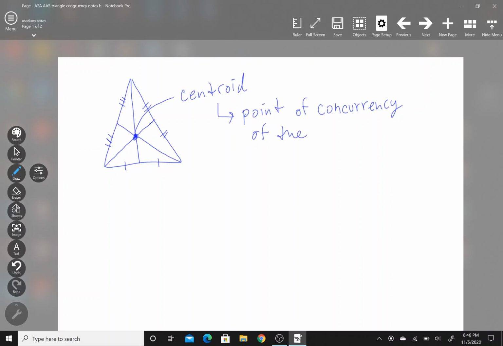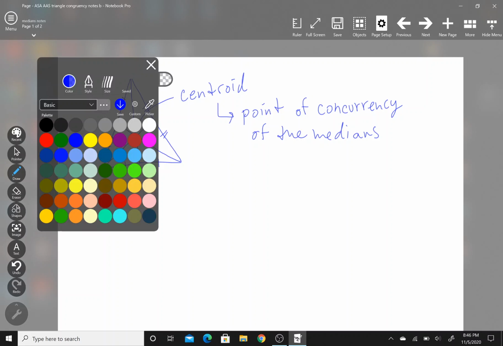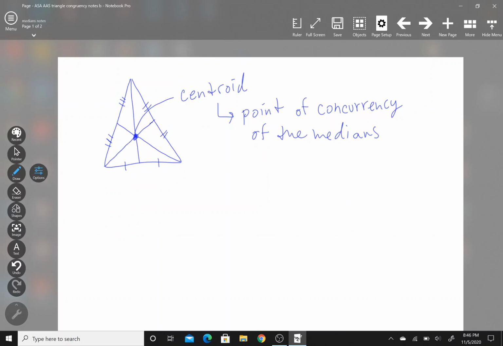So it's the point of concurrency of the medians. And I want you to notice kind of where this point is. We're going to concentrate on this one median going from top to bottom. All right, you see the centroid? It's not exactly in the middle of this line. It's kind of a little bit further along.